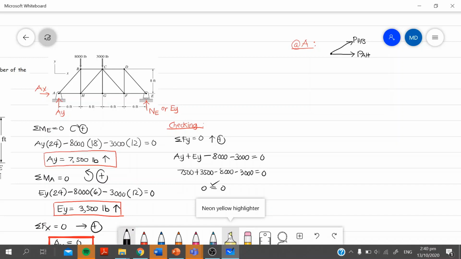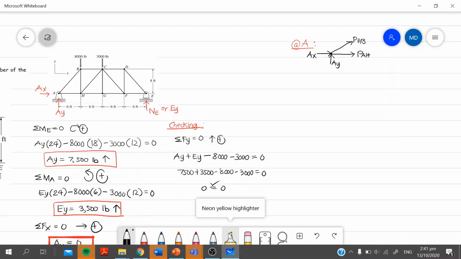And don't forget, may vertical reaction tayo na AY and then AX. Okay? So, sa joint, we have to apply the equilibrium equation kasi in every joint, they are assumed to be in equilibrium. So, dapat apply natin ang equilibrium equation.